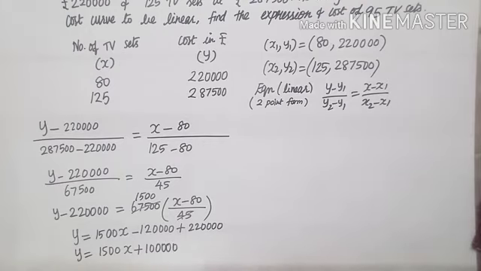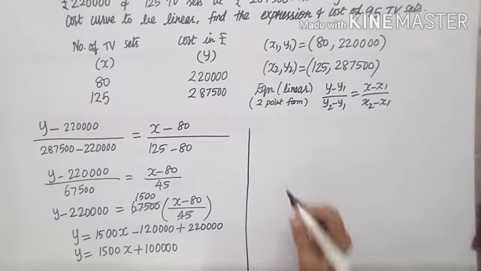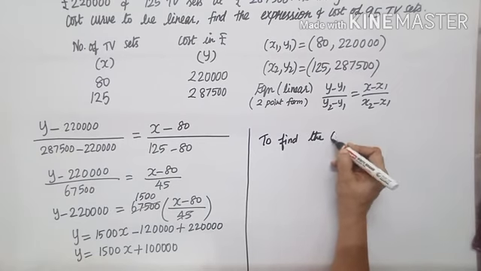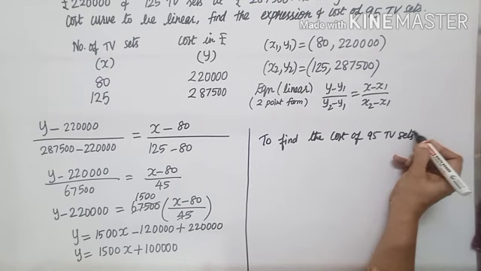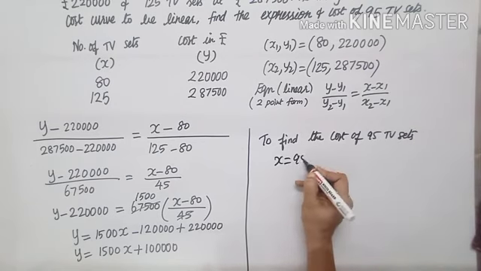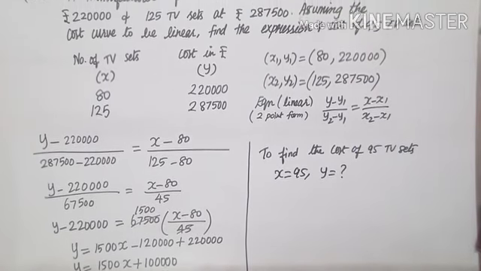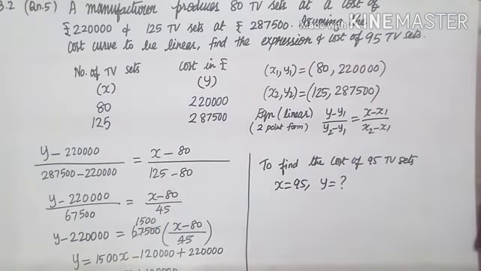As I have got the equation, my question is, find the cost of 95 TV sets. So to find the cost of 95 TV sets, put x equal to 95, find y. In the very first case, we have taken TV sets as x and cost as y.